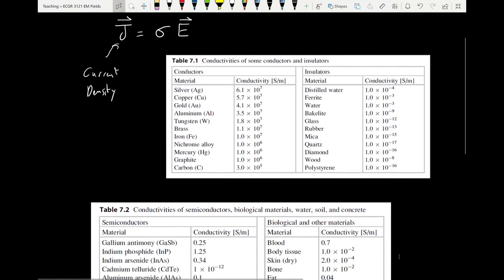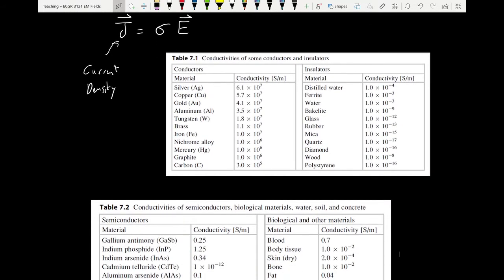This is a table of different materials with different conductivity constants, and it shows you the difference in conductivity between conductors and insulators, right? So you can see silver is very conductive at 6.1 times 10 to the power 7 Siemens per meter.